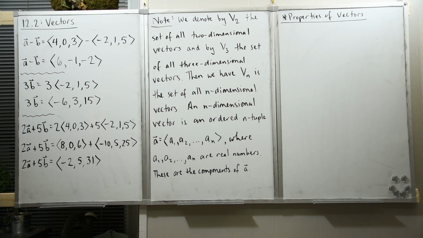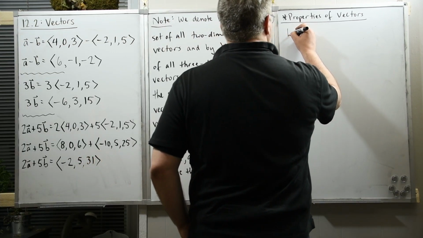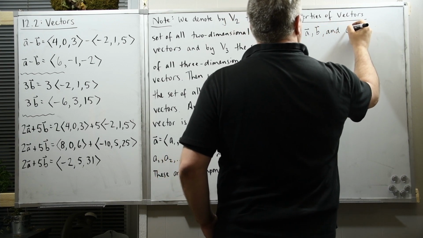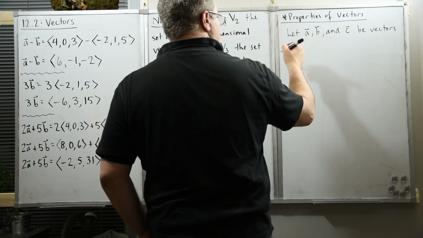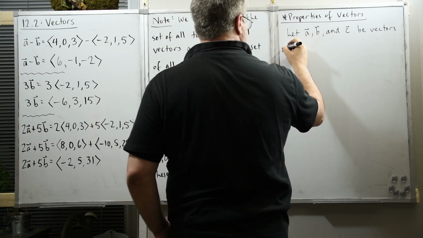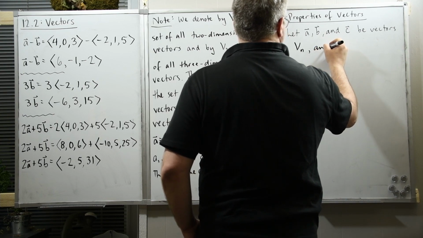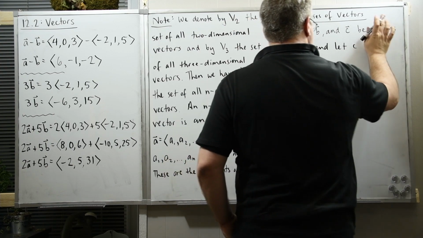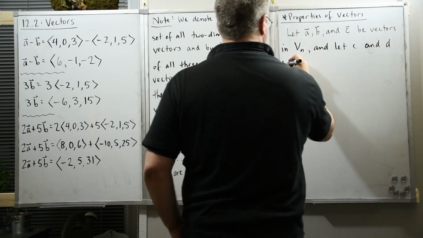So let's say that A, B, and C are vectors in V sub n, and we'll let c and d be scalars.